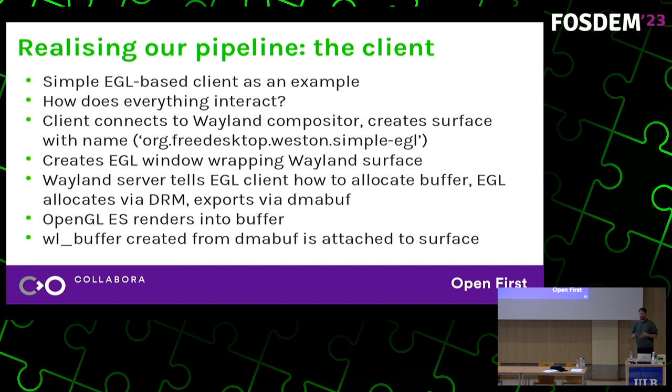It wants to use the GPU, so it creates an EGL context pointing to the Wayland server: I'd like to render over here. The Wayland server has some DMA-BUF protocols, which tells it what it can and can't accept. The client uses GLES to render into that. That's wrapped in a DMA-BUF and passed over to the compositor.